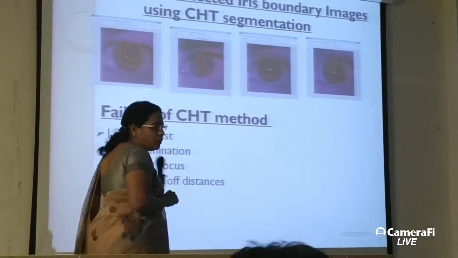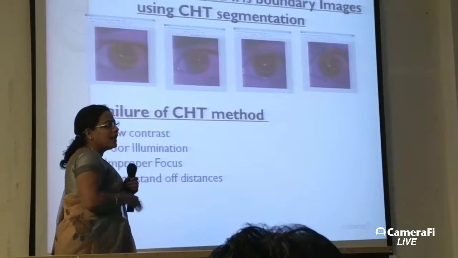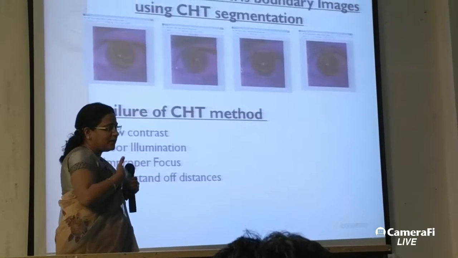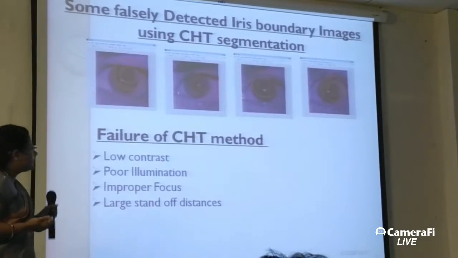This is because of low contrast, poor illumination, improper focus, and large standoff distances between the camera and the person, because as the distance increases, the number of pixels also gets reduced. So these are some issues.